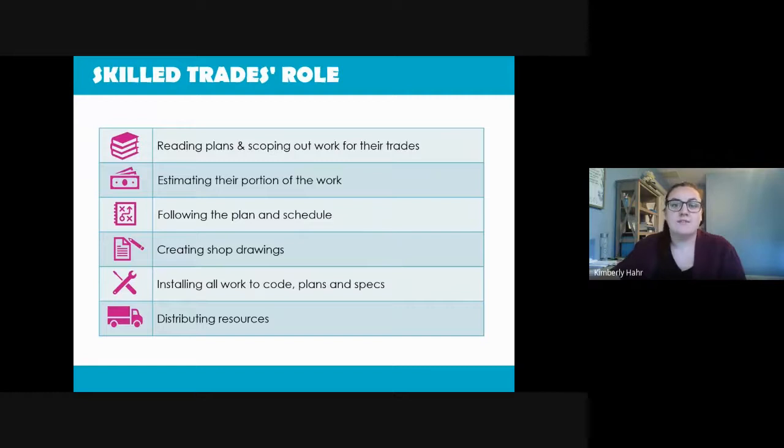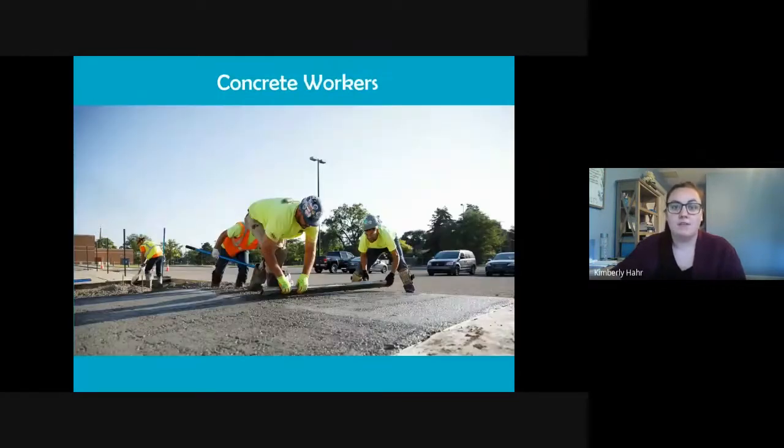There's a variety of different trades that fall under this umbrella. In a minute, we're going to hear from a few panelists that represent some of the trades, but I'm going to go over a list of a wide variety of them, which again is not all inclusive.